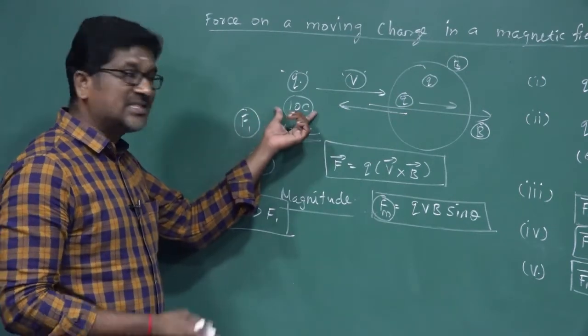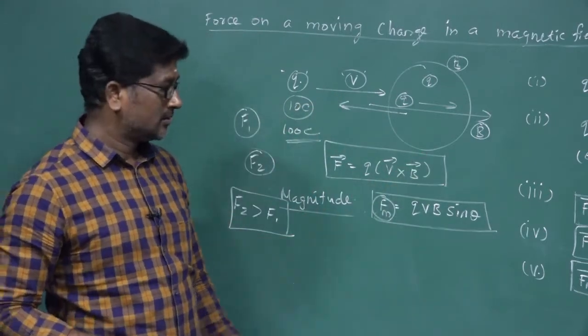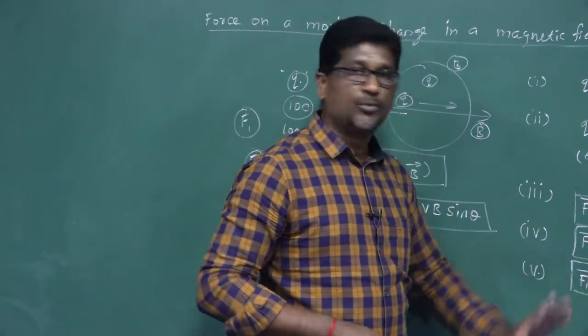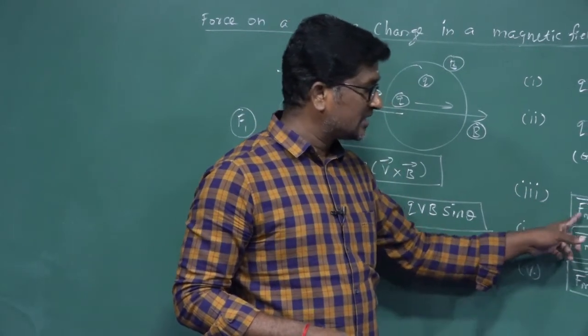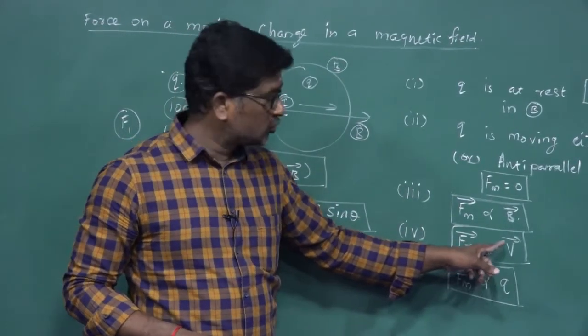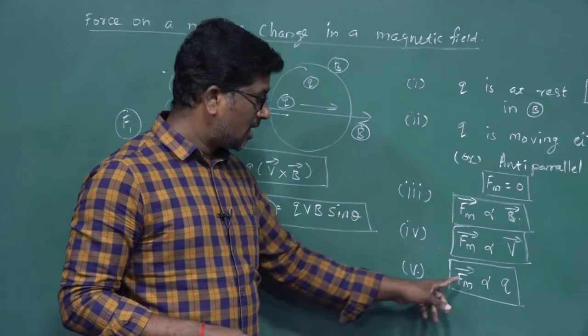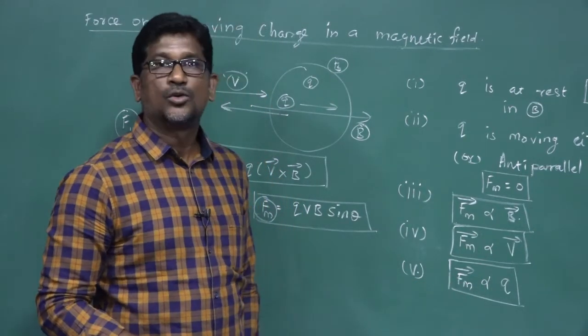If the charge is less, the magnetic force is also less. So Fm vector is directly proportional to q. So the magnetic force is directly proportional to magnetic induction, to the velocity of the charged particle, and to the magnitude of the charge.